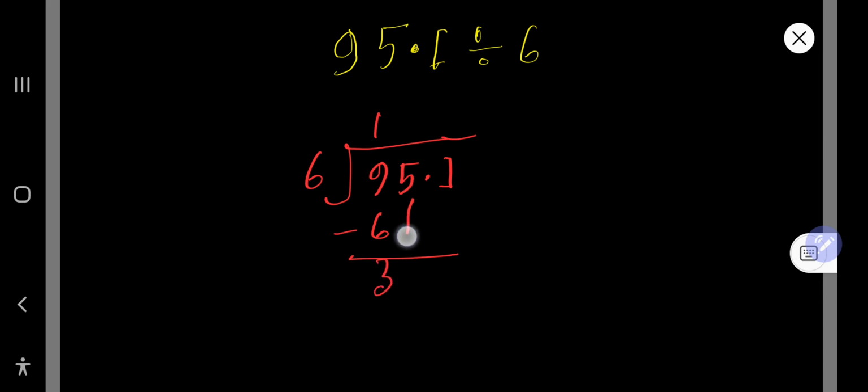Now bring down this 5. 6 goes into 35 how many times? 5 times. 5 times 6, 30. If you subtract, then you are getting 5. Now you have the decimal point. The decimal point will go now to the top.